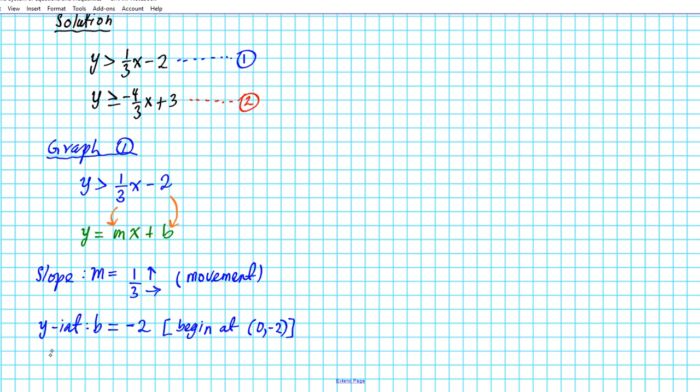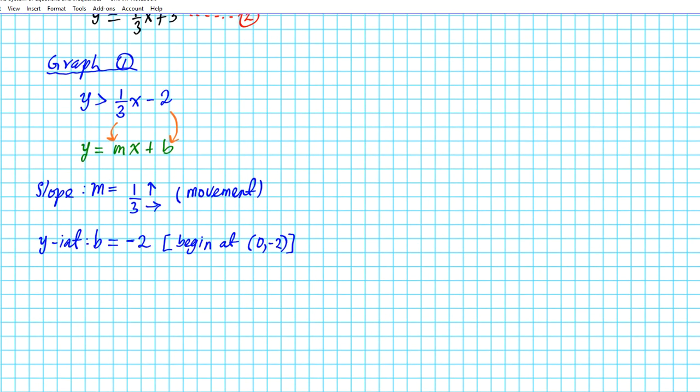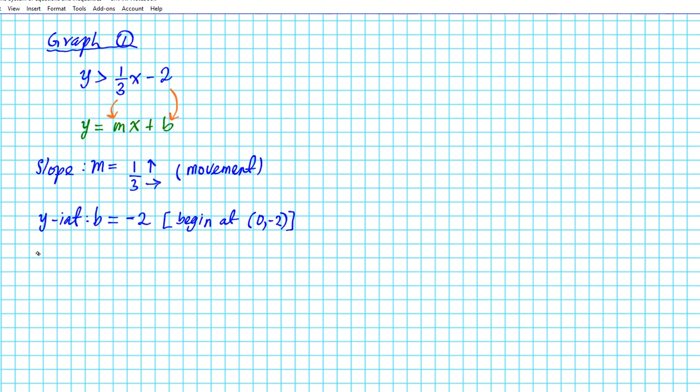Now we have an inequality here, so the inequality is going to affect the appearance of the graph. Let's take a look at that real quick. There are going to be two effects of this greater than inequality. The first one, since it's greater than, we're going to be shading above.